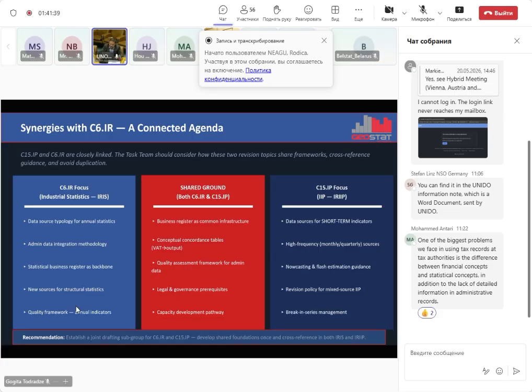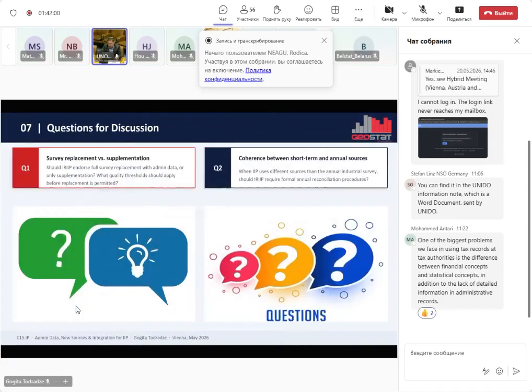My recommendation is to establish a joint drafting subgroup for both, build the shared foundations once, and cross-reference them in both standards.